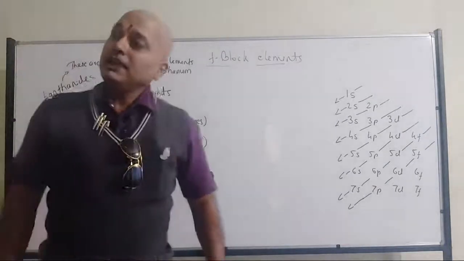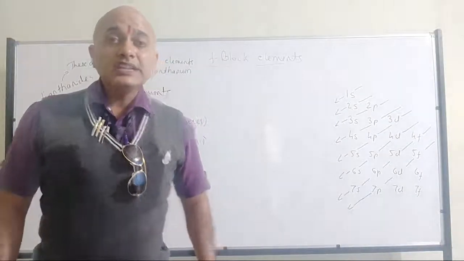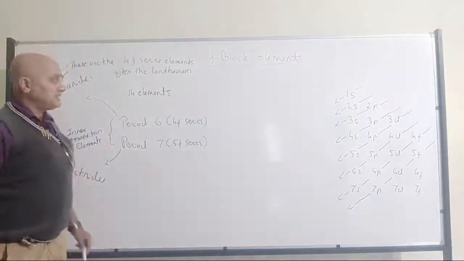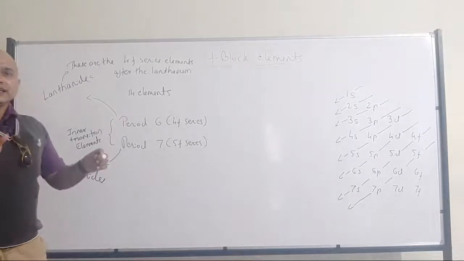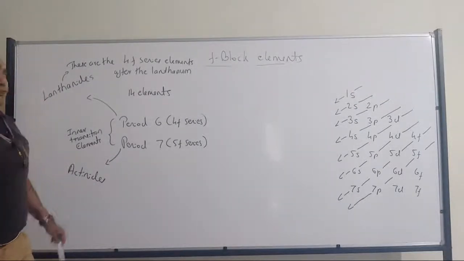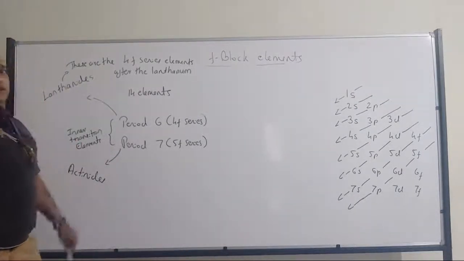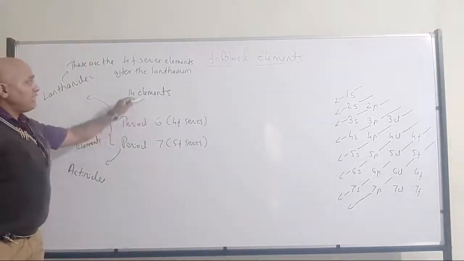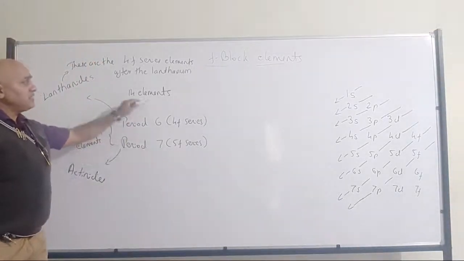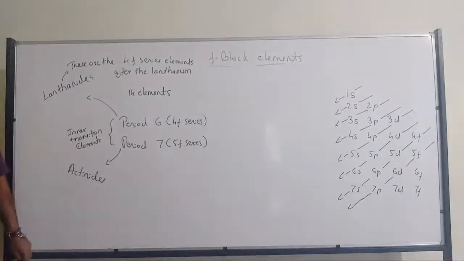S block will have 2 groups and each period will have 2 elements. In the same way here it will be 14 groups, but actually there is no exact group for F block, and it will have 14 elements in each period. So 4F will have 14 elements, 5F will have 14 elements.